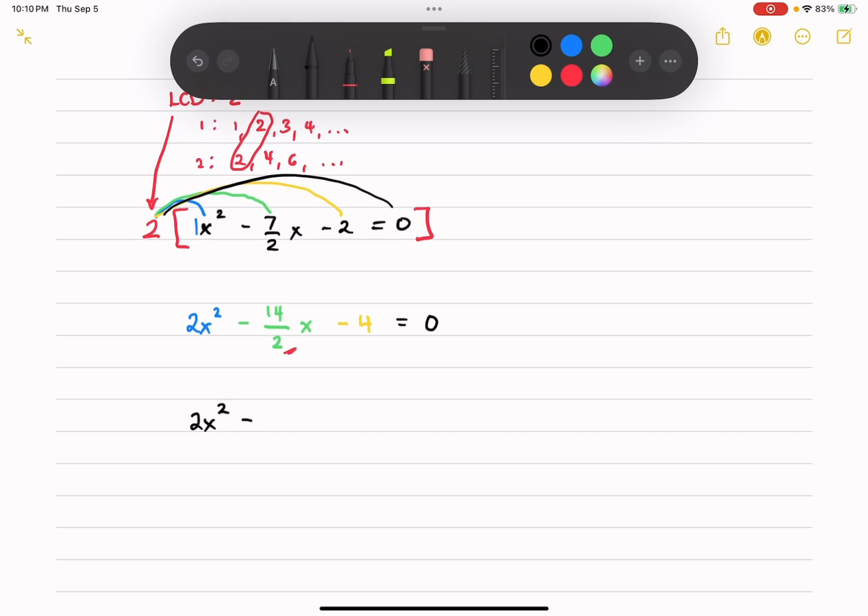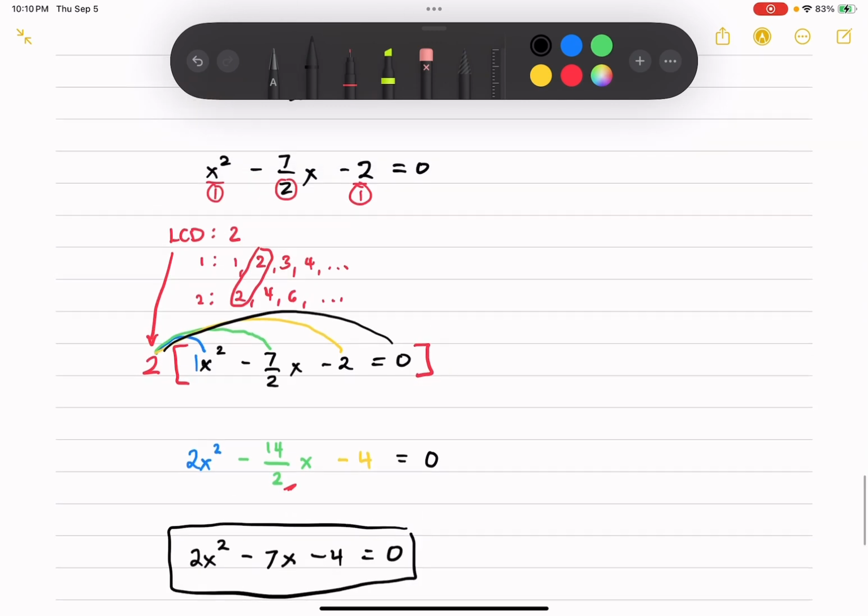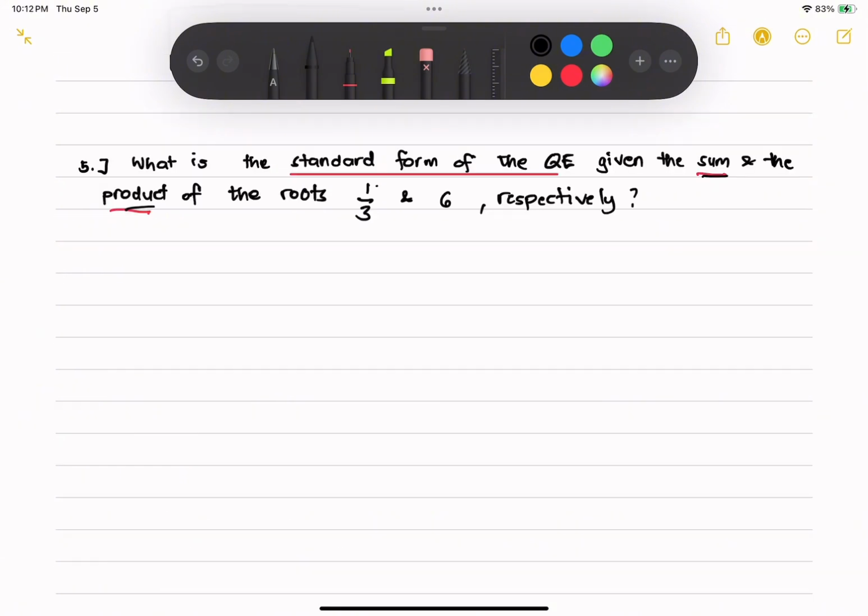Negative yan. 14 divided by 2, the answer is 7x. Minus 4 equals 0. So, this is now our quadratic equation in standard form. So, ganun lang ang pagtanggal ng fraction dun sa mismong equation natin. So, get the LCD and then multiply the LCD dun sa mismong quadratic equation.